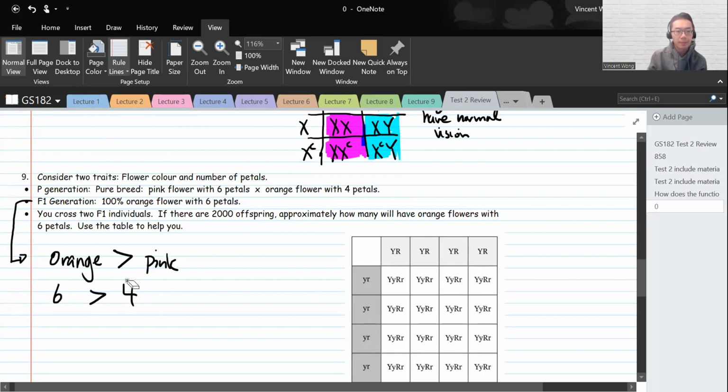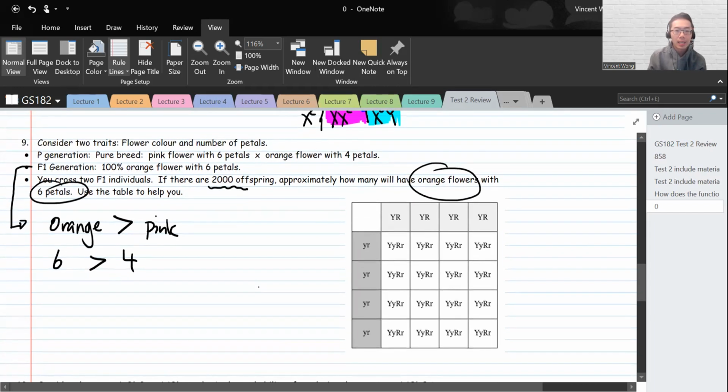Okay, if you cross two F1 individuals, and there are 2,000 offspring, approximately how many will have orange flowers with 6 petals?